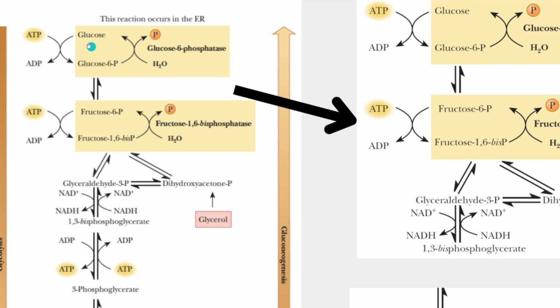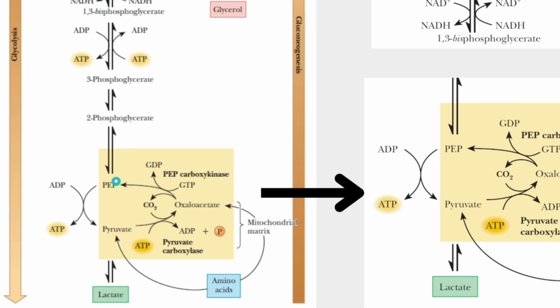For example, glucose is phosphorylated into glucose 6-phosphate, but if you want to dephosphorylate glucose 6-phosphate back into glucose, you cannot use this enzyme because it is irreversible. Similarly, the third reaction, fructose 6-phosphate into fructose 1,6-bisphosphate, and also phosphoenolpyruvate into pyruvate.